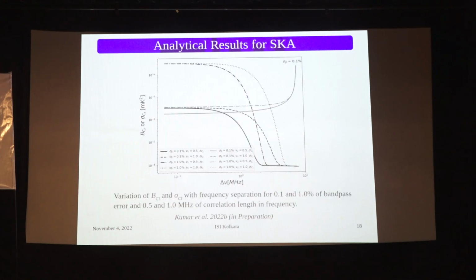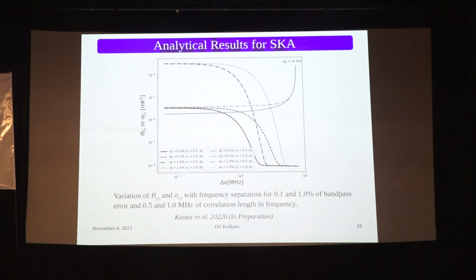Here we plot the bias and error in the angular power spectrum for different sets of parameters, like the correlation length of the frequency and different amounts of gain errors. For example, for this curve the error in the gain is 1%, and for this curve it is 0.1%.